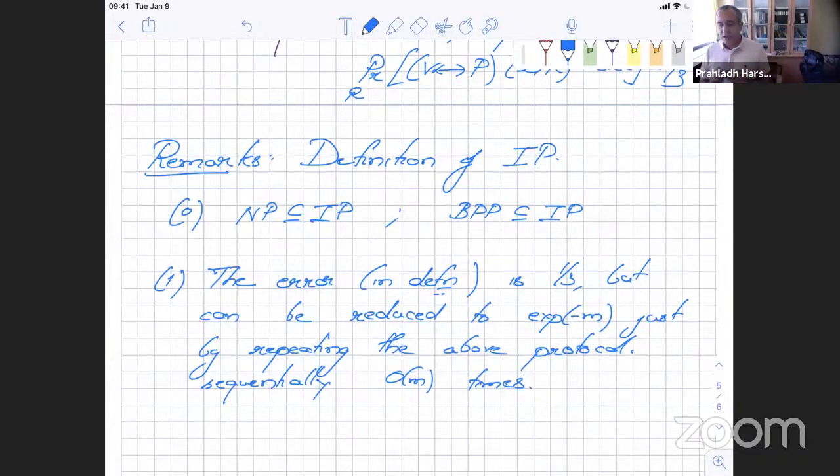So once again, just like in the case of BPP, these 1/3, 2/3 are not going to matter. We can push them to any number exponentially close to 0 and 1 if you just allow the protocol to increase by a polynomial factor.